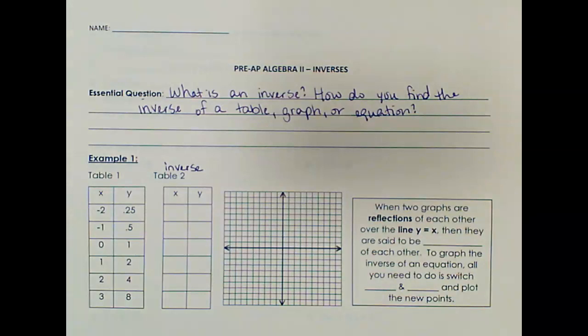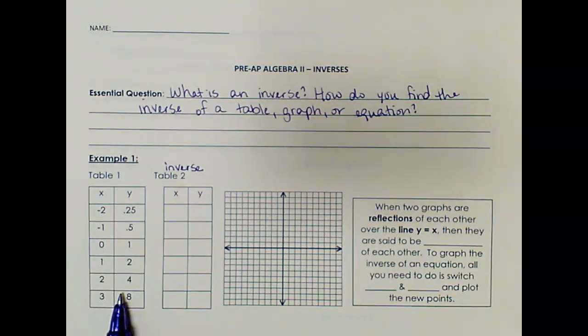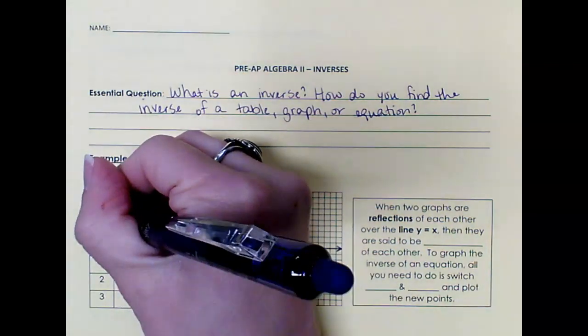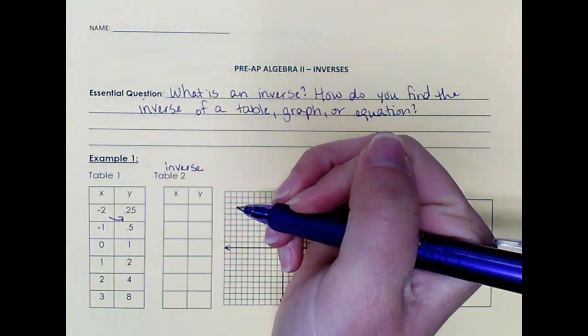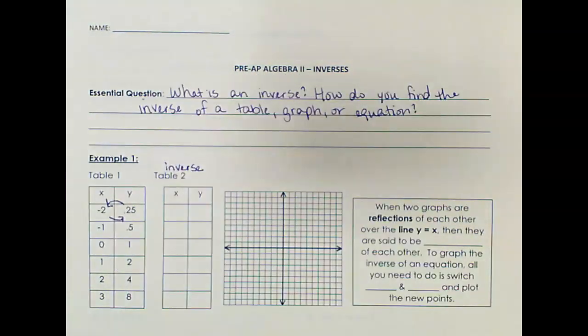Now, in a table, in order to write the inverse, that means that you take the relationship between x and y and you kind of switch it around. So in a table, in order to find the inverse, you literally take the x values, they become your new y values, and you take your old y values, and they become your new x values. So you invert the x and y values.